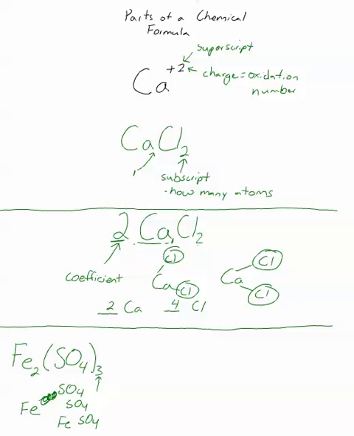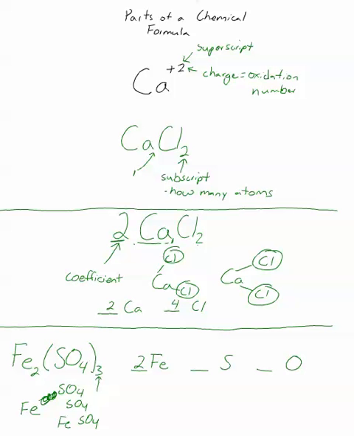Now, that's going to kind of work like it does in math, all right? So, for example, let's see if we can get how much of each of them we have. So we have Fe here, and we have S, and we have O. Now, for the Fe, we've got 2 of them. That's the number below right here. That's pretty easy. So we have 2 Fe's. What about, though, the S? Well, usually we would just have a 1 here underneath the S, because there's no number there. It'd be just like 1.